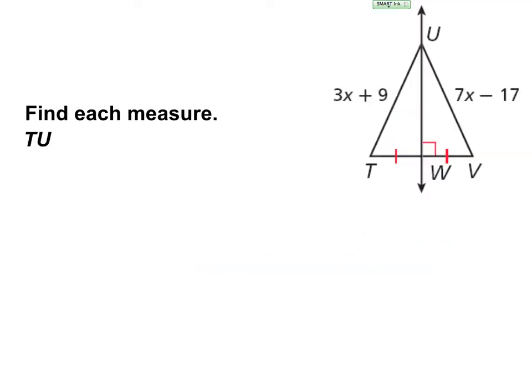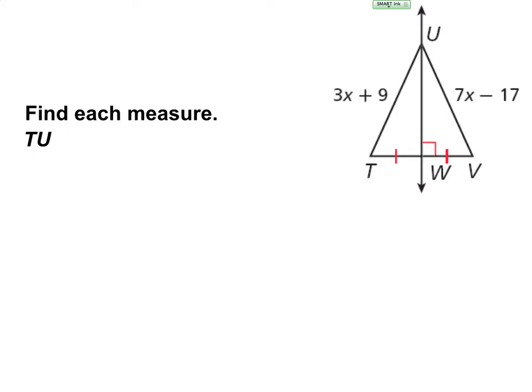How about find the length of TU? Are we using the perpendicular bisector theorem or the converse of the perpendicular bisector theorem? Which hypothesis do we have?